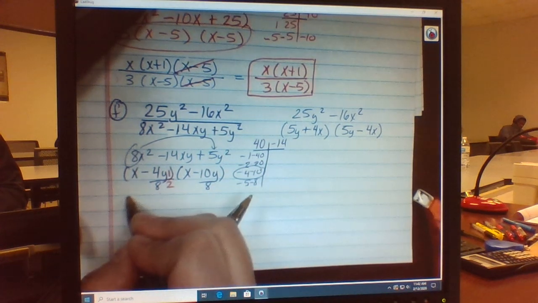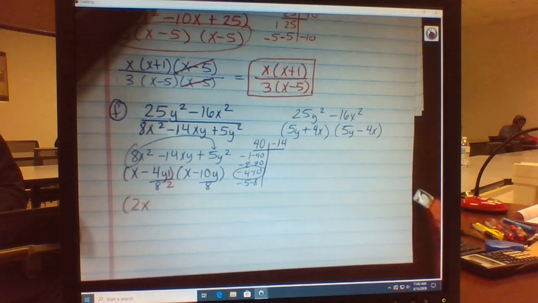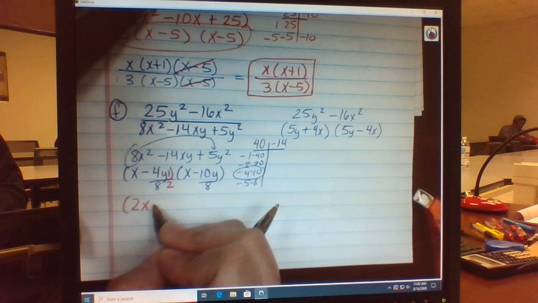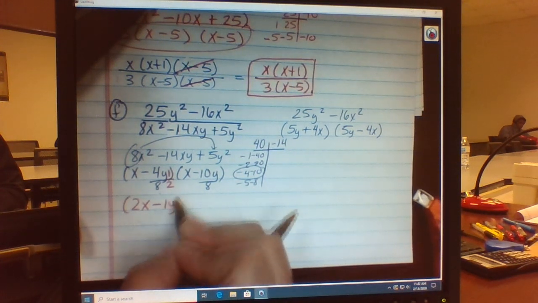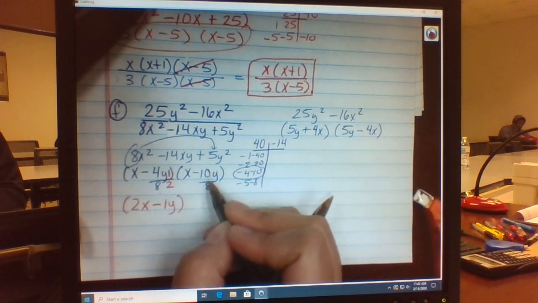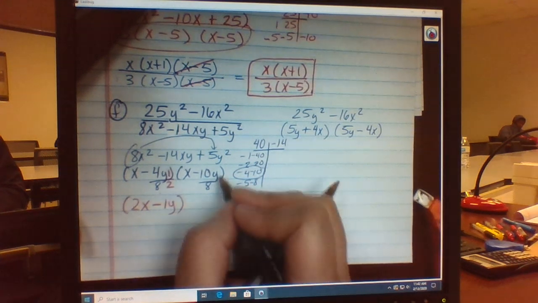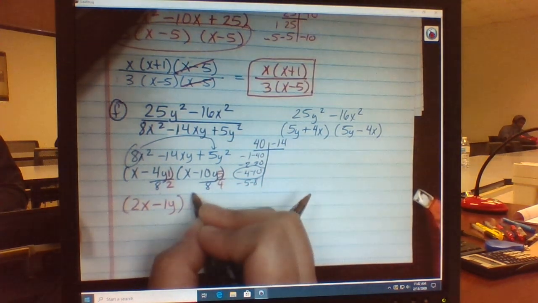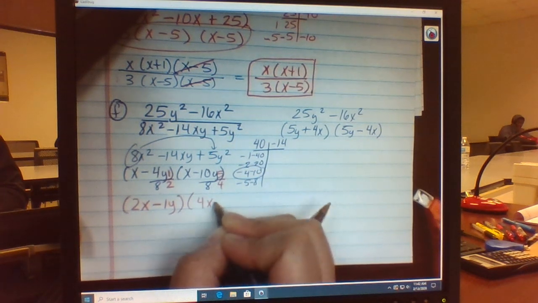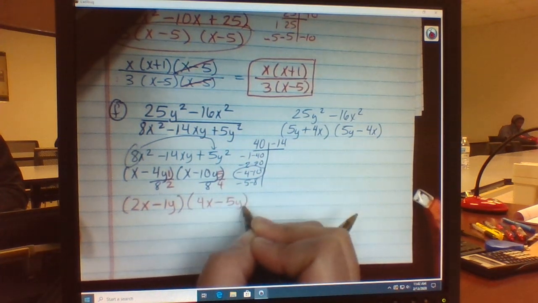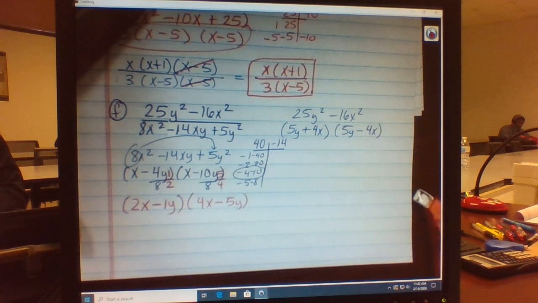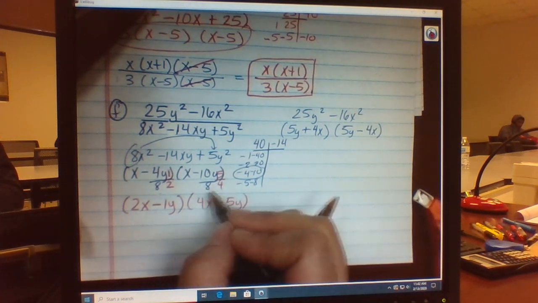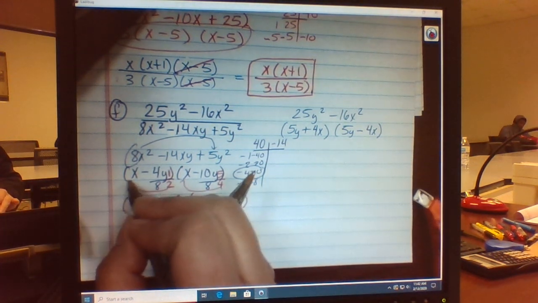So now the number that goes in front is going to be a 2, not an 8. So it would be 2x minus y. And 10 over 8 reduces to 5 over 4. It would be 4x minus 5y. Oh yes, this one goes to the front.